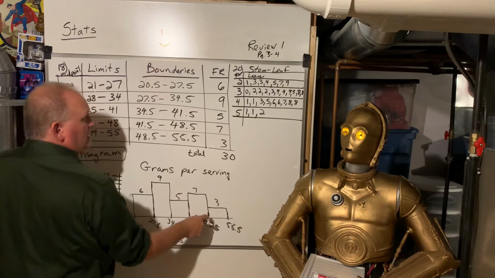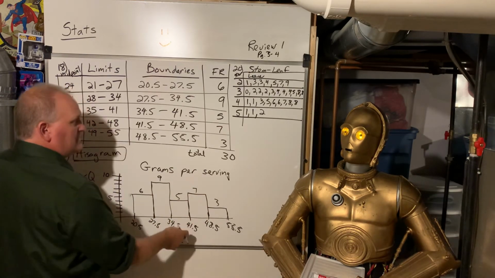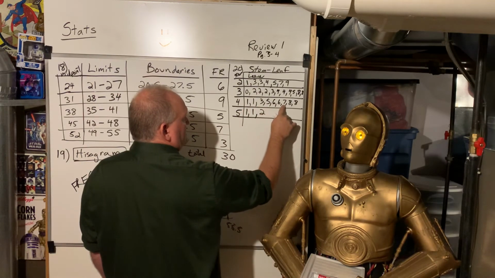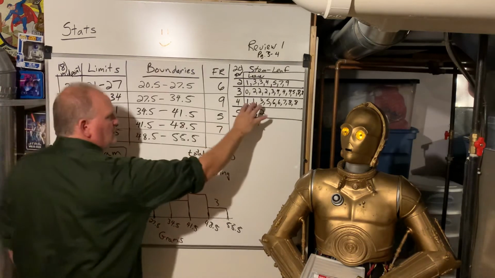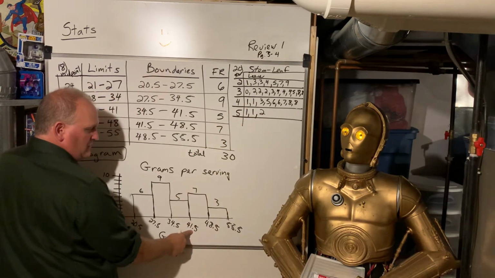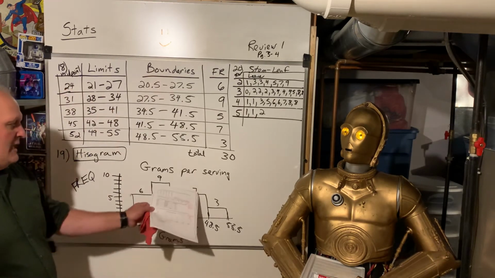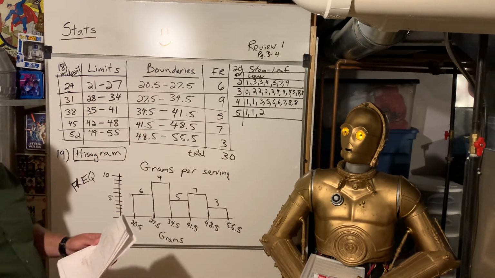So that has 3, but the other ones don't necessarily match. The 40s, almost, right? That's 9. There's actually 9 of them because there's 2 41s and the cutoff here was 41.5. So that's why that bin looks a little bigger and that one a little smaller. But otherwise, the shape is about the same.